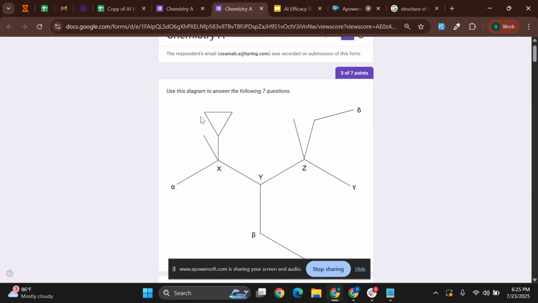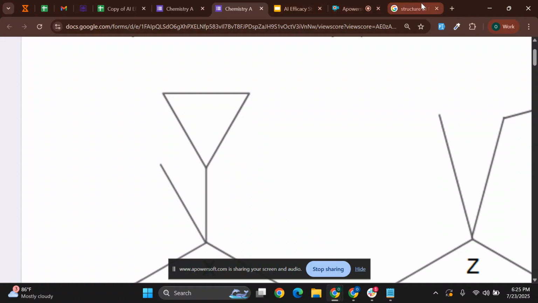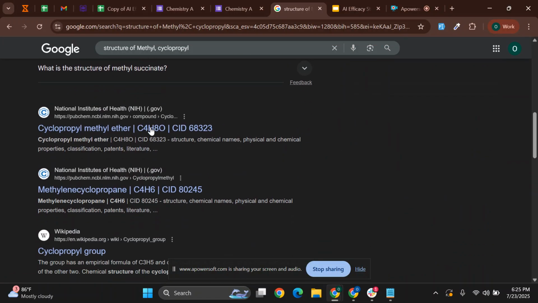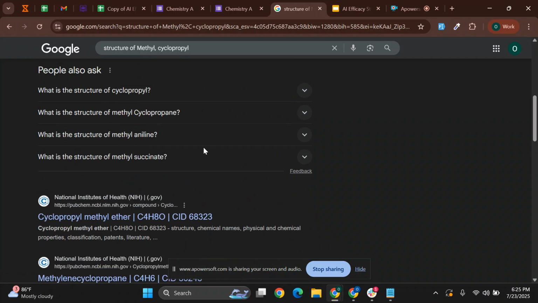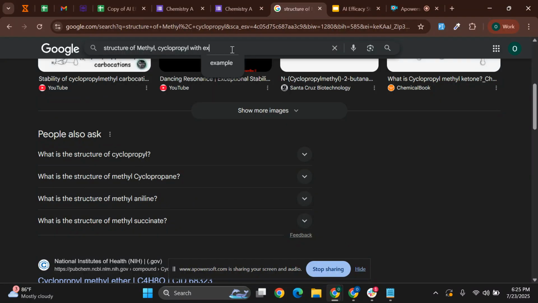That's the structure of methyl chlorophyll. Okay, so this is the methyl chlorophyll group, with explanation.